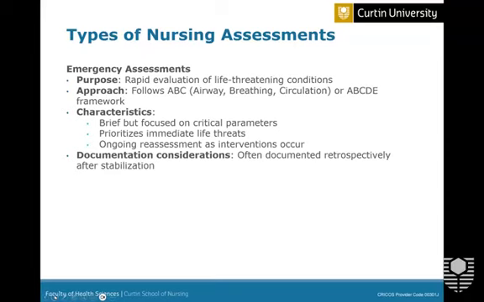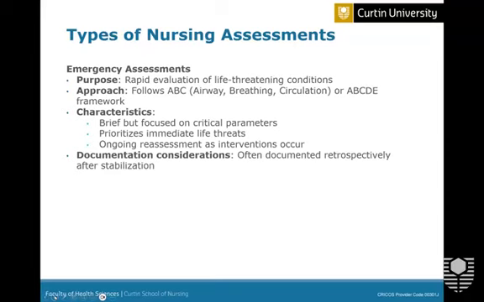So the characteristics are brief but focused on critical parameters. It prioritises immediate life threats. We're going to do an ongoing reassessment as interventions occur, and we've got documentation considerations: some of the considerations are documented retrospectively once stabilisation has occurred.